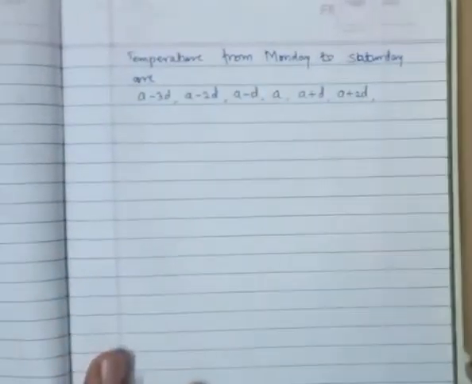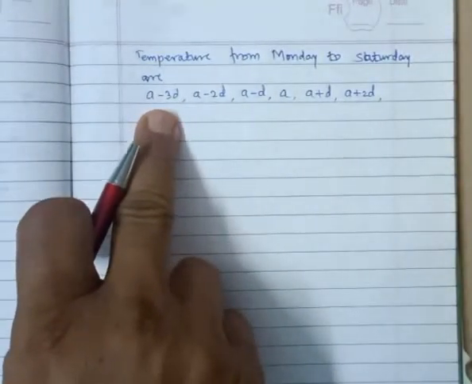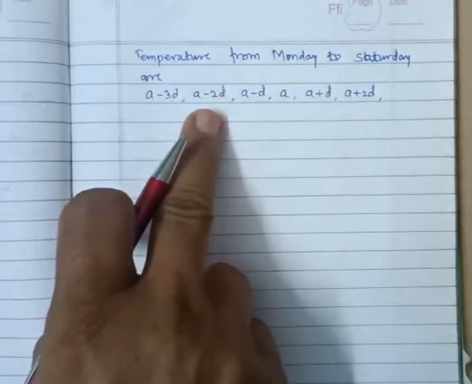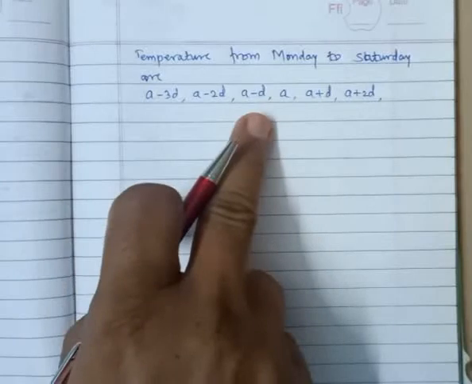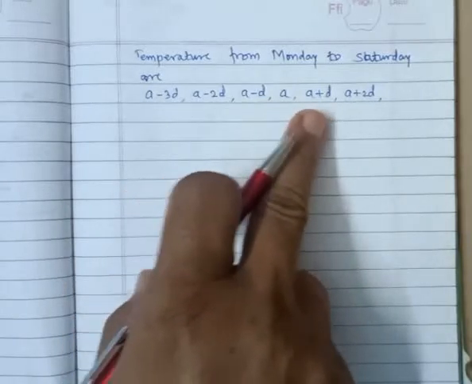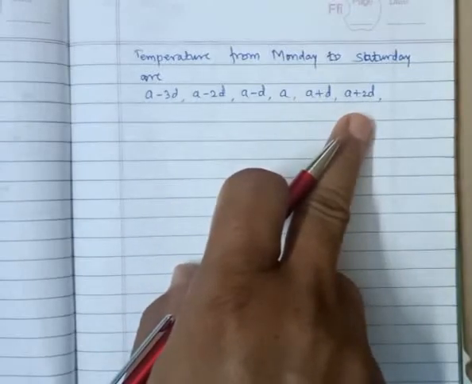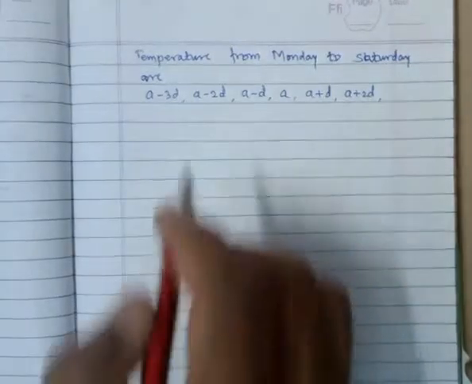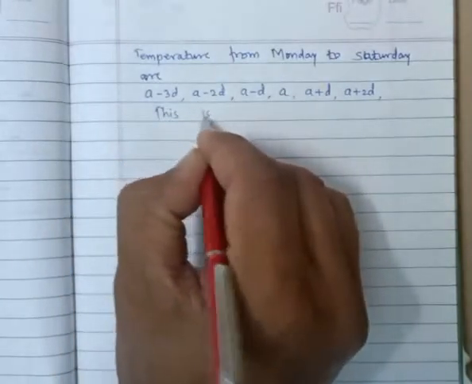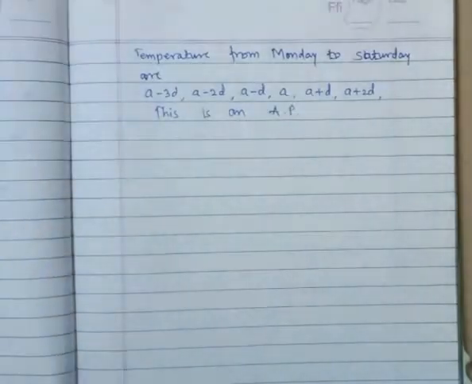In this way, the temperature of Monday is A minus 3D, Tuesday is A minus 2D, Wednesday is A minus D, Thursday is A, Friday is A plus D, and Saturday is A plus 2D. This is an AP.